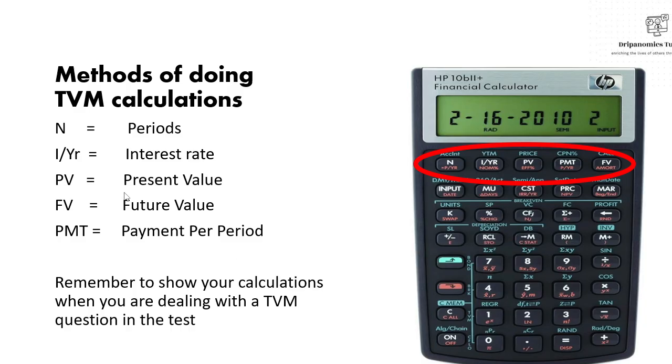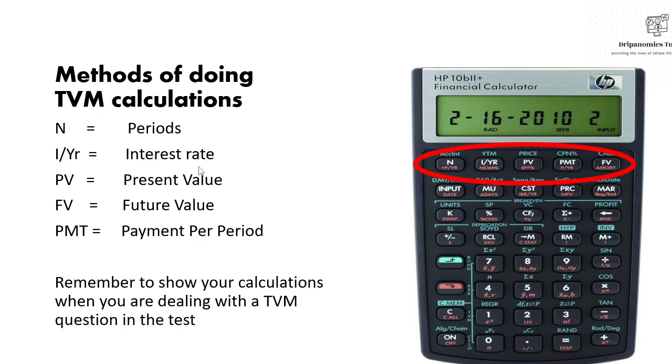Next one is the PV button. It's next to your I/YR. If you're given the present value, let's say the present value given to you is 1,000, you will press 1,000 and then you press the PV button. Or let's say you are actually looking for that present value, you would put everything else in your calculator and then at the end you would press PV and then it gives you the present value.